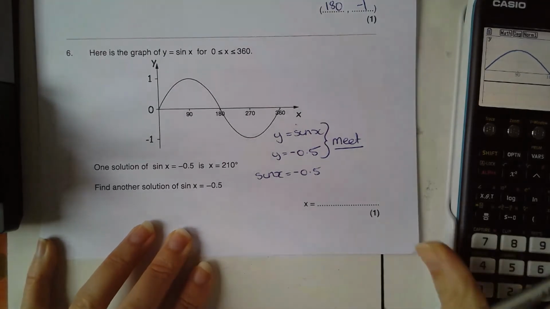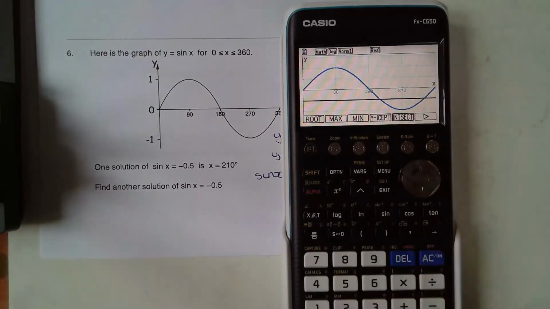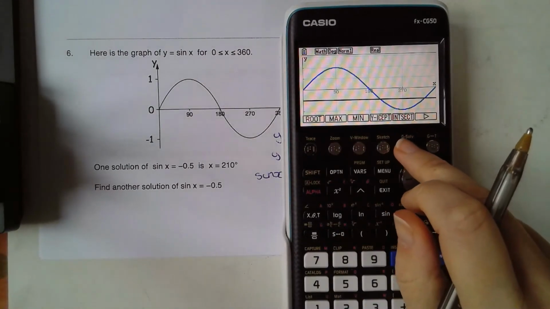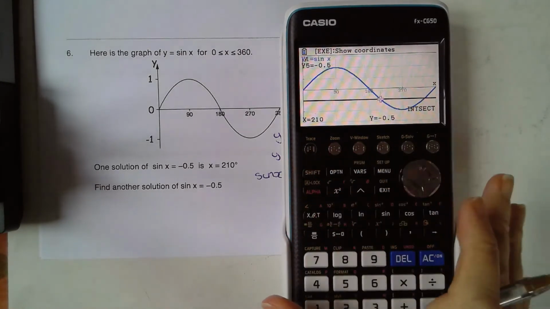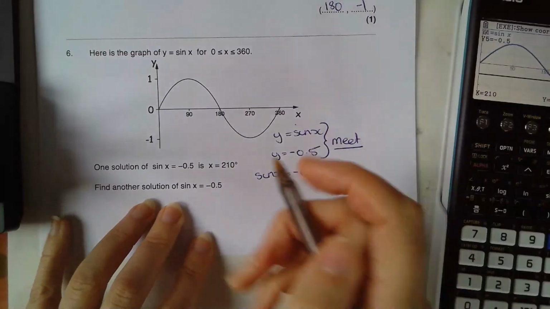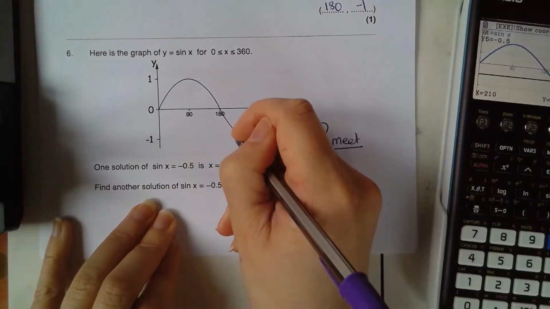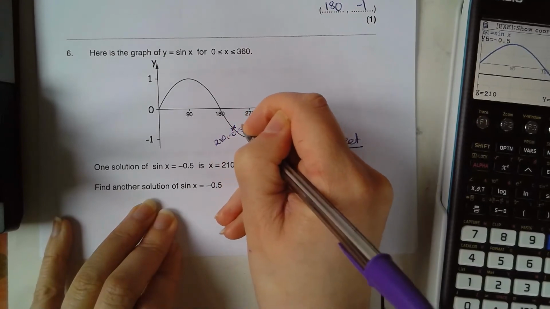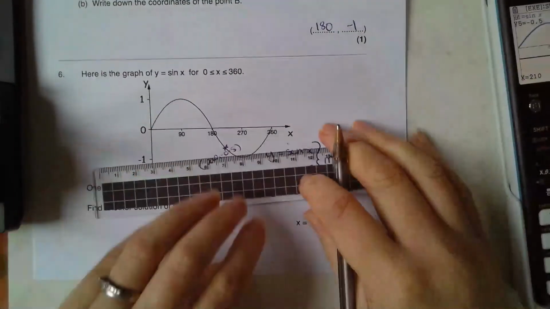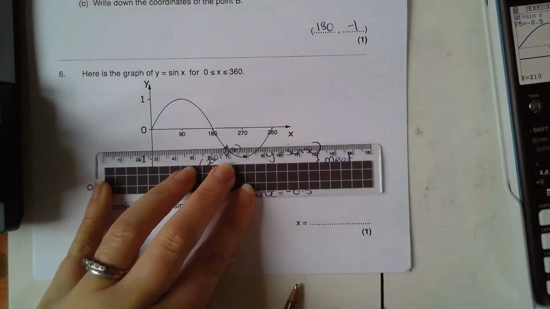Simultaneous equation. So I'm going to do that graphically. On G-solve, I want to know where they intersect. We haven't done this one, I don't think, before. They intersect at 210, -0.5. That's right there. So at 210, it's -0.5, like this. You could even sketch it on here.